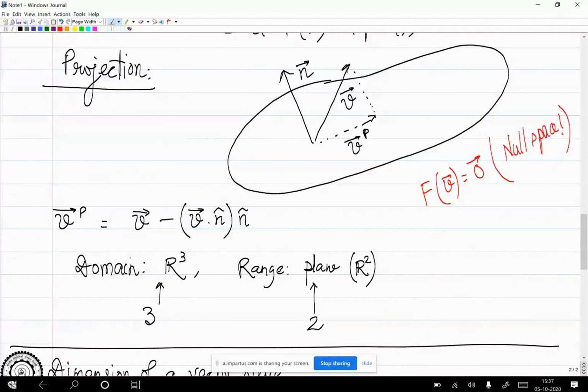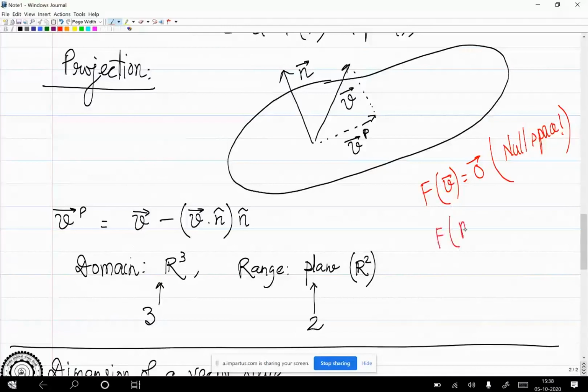Okay, now can you think of what is the null space for this projection operator? Can you guys think about it? So any vector along the normal n.